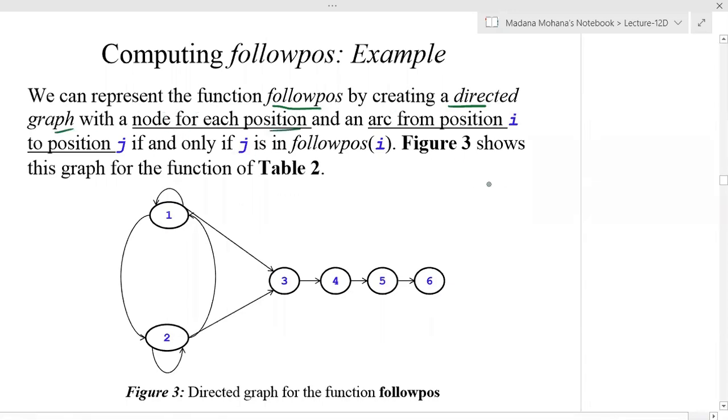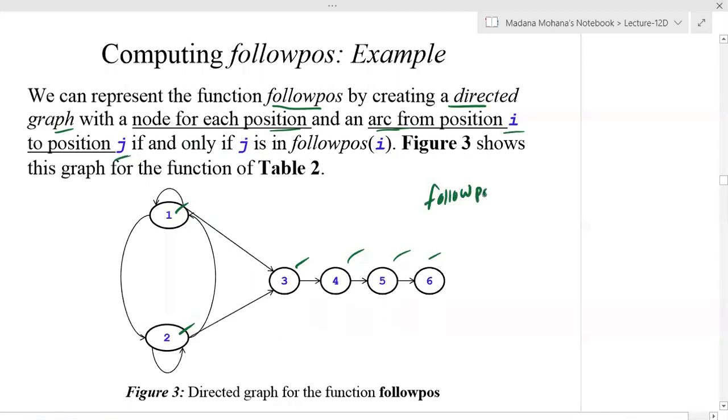So each position is represented as nodes 1 to 6. So we have 6 nodes, represented with circles. Then an arc or edge from position i to j if and only if j is in follow position of i.